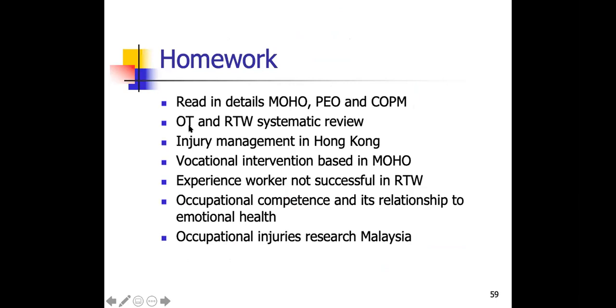And then this article, OT and Return to Work, Systematic Review, Injury Management in Hong Kong, Vocational Intervention Based in MOHO, and then Experienced Worker Not Successful in Return to Work, and then Occupational Competence and its Relationship to Emotional Health.